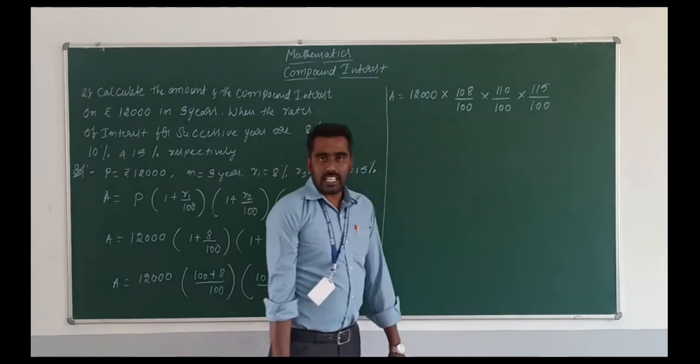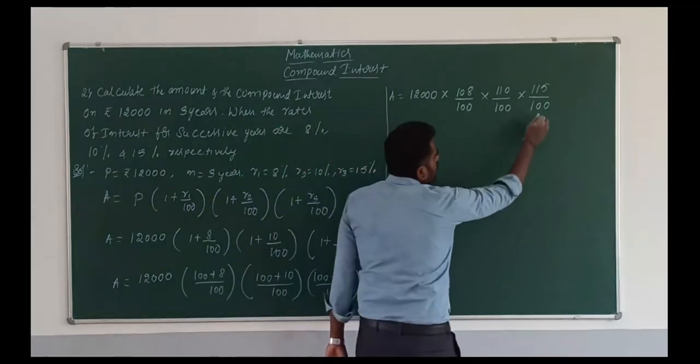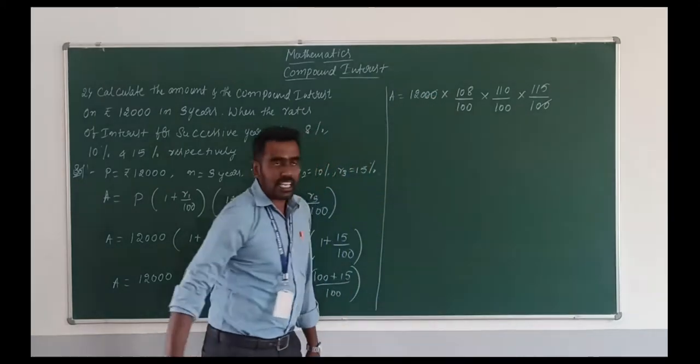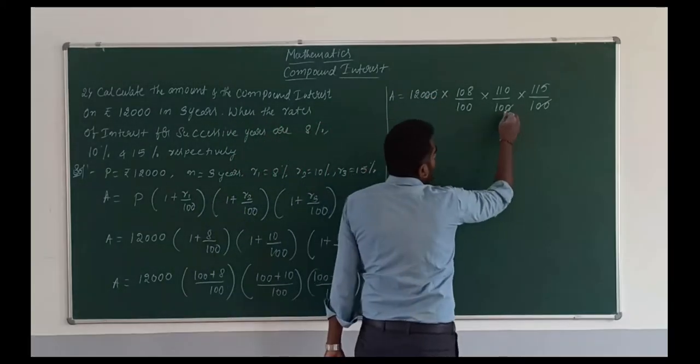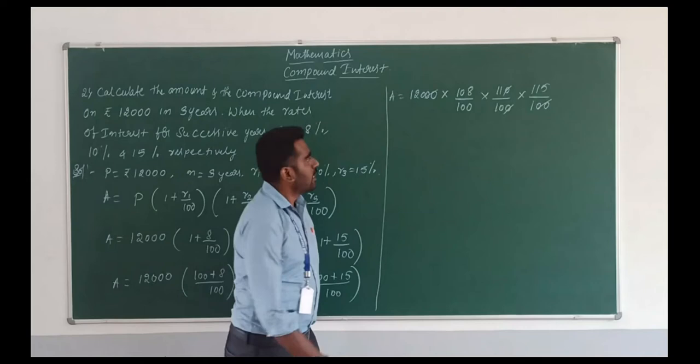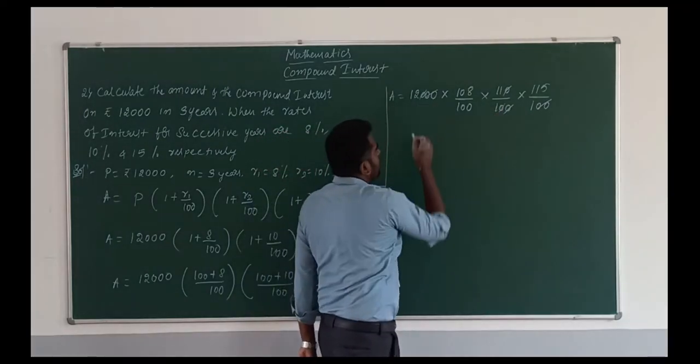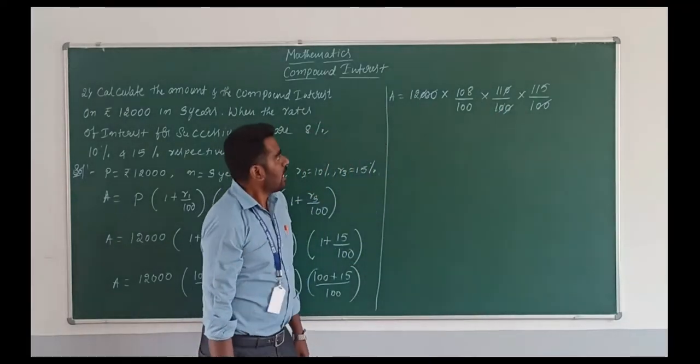Now we have to do cancellation. So 2 zeros will get cancelled. 1 zero cancelled. Then here 1 zero will get cancelled.